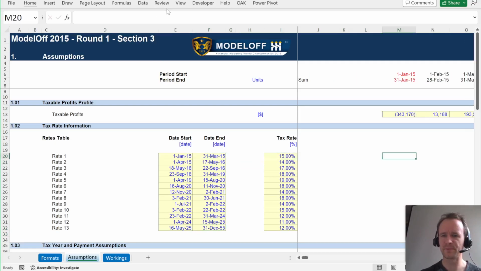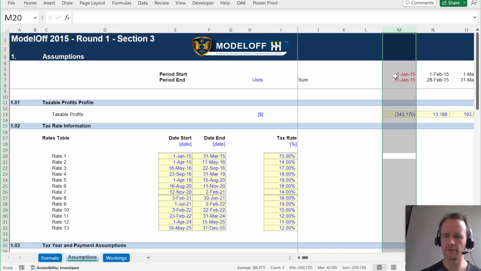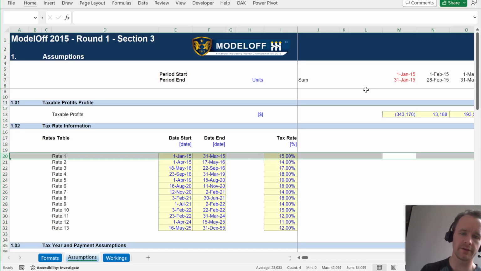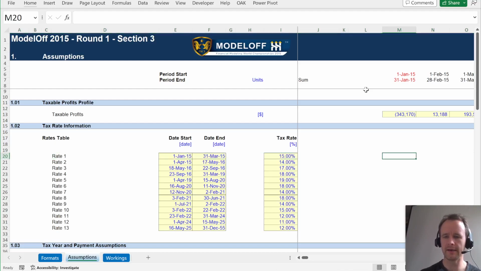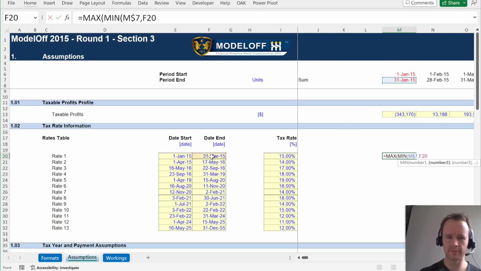So then how many days are in between the 1st and 31st of January 2015 and between the 1st of January and the 31st of March 2015? A handy formula for that is to say it is the max of the smaller of the end dates, so that end date and this end date, minus the larger of the start dates, that minus that plus 1.